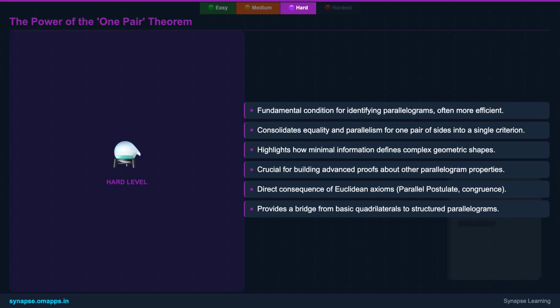This theorem is vital because it acts as a gateway to proving all other properties of parallelograms and, subsequently, other special quadrilaterals like rectangles and squares. It's a direct consequence of Euclidean axioms, particularly those concerning parallel lines and triangle congruence, showcasing the logical structure of geometry. Understanding its power allows us to build robust geometric arguments and proofs efficiently.